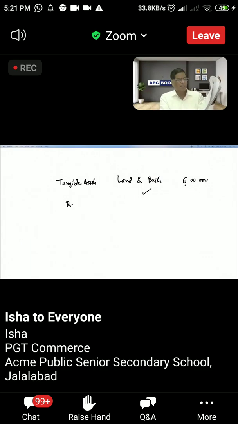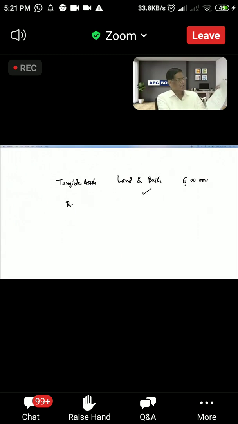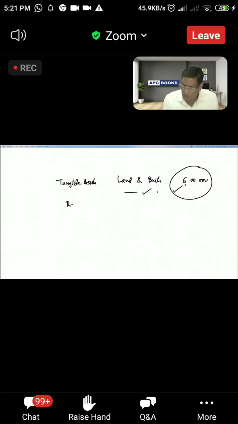It will be assumed that it has realized at its book value of 6 lakh. That is, it will be assumed that land and building has been sold at the value given in the balance sheet, which is 6 lakh.